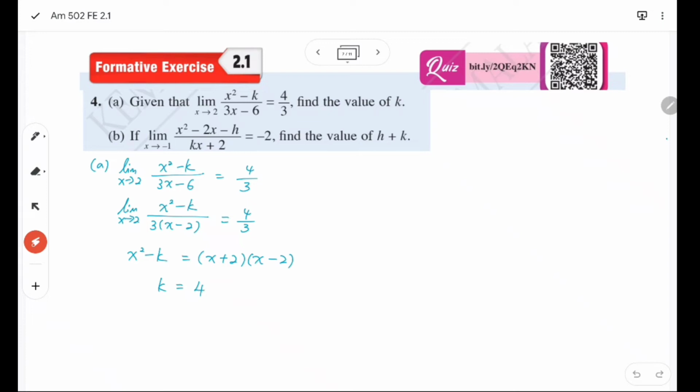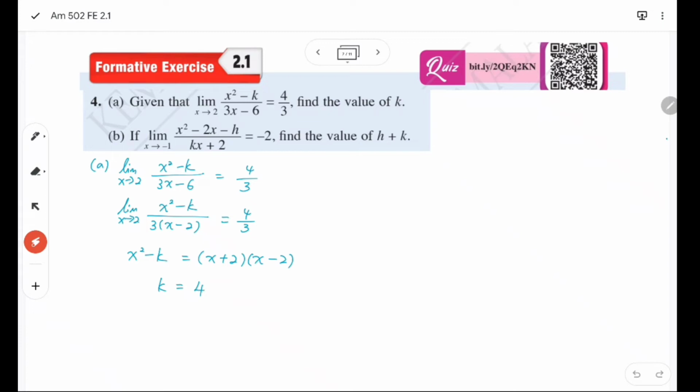Okay, so to find the value of k, we see x squared minus something, okay, and over 3x minus 6. So if we substitute the 2 inside, we get 4 minus k over 6 minus 6, which is 0.